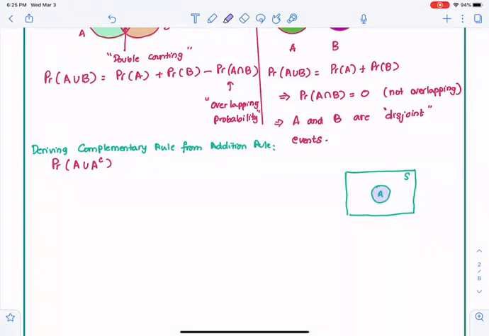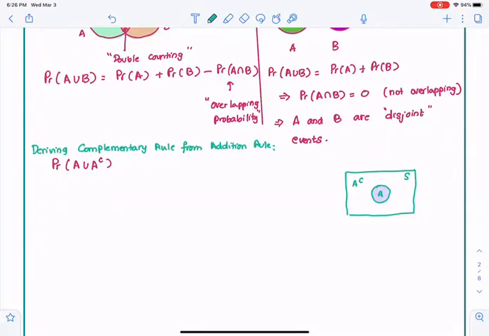Everything that is not shaded would become a complement, or the not A part, because everything that lies outside of the shaded area would be not A. But the area that is not shaded and the area that is shaded, if you put them together, I get the entire sample space, which would be the entire rectangle.